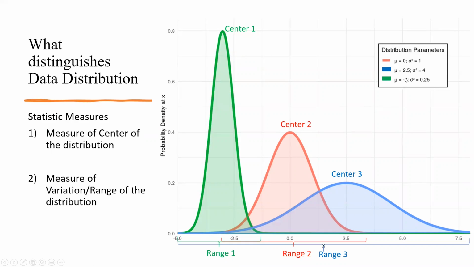So these are the two metrics or measures that we can use to distinguish the data distributions: measure of center of the distribution and measure of variation or range of the distribution. Now, that being said, let's try and focus on the measures of center.